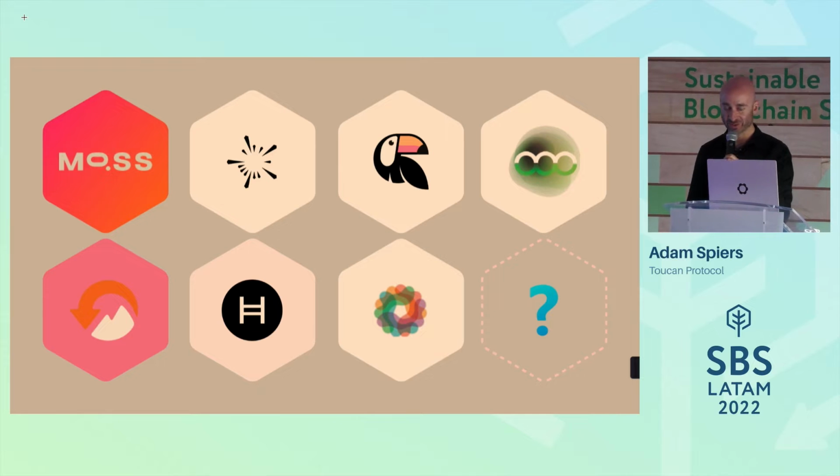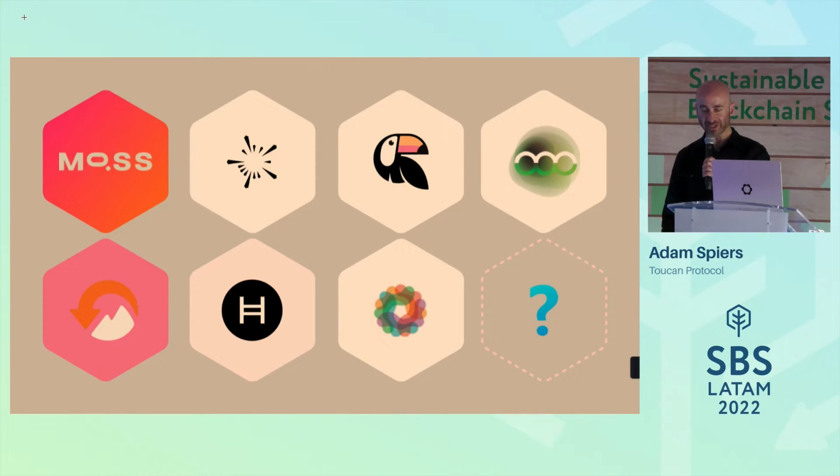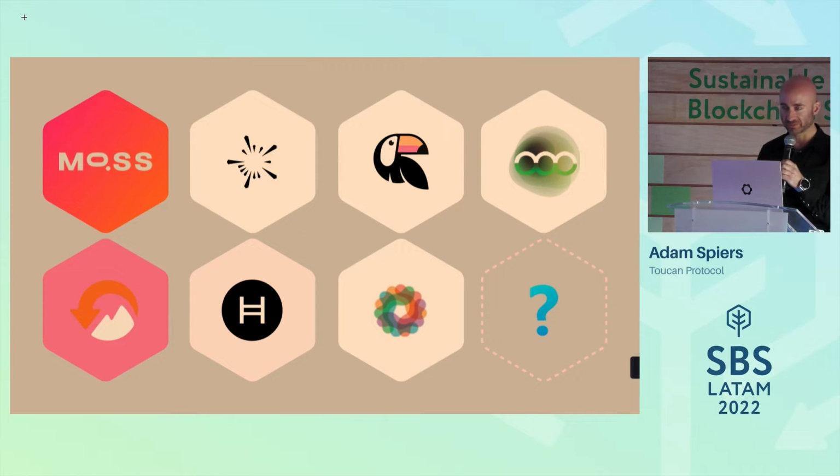Now I have to apologize here for absolutely massacring the beautiful brand colors of Moss and Nori. And I should also apologize to Flow and probably several other projects that I forgot to put on here or didn't squeeze on. But the question is, what do we do about all these different approaches to avoid this fragmentation problem?